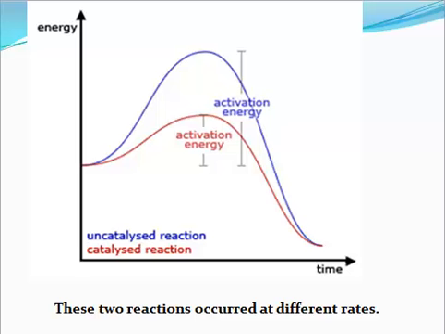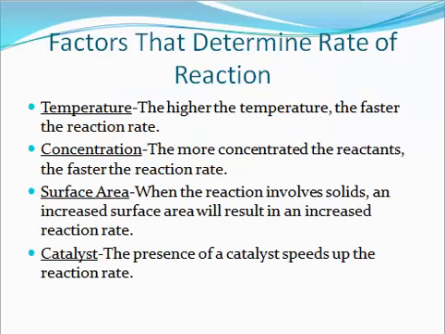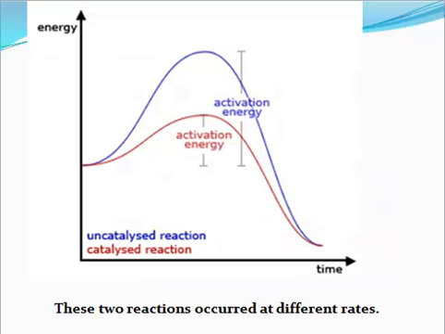Let's look at two chemical reactions. This is the same chemical reaction, but we're changing some of these factors, okay? So the blue line is an uncatalyzed reaction. We're using the same reactants, we're getting the same exact product, except in one of these chemical reactions we have added a catalyst.